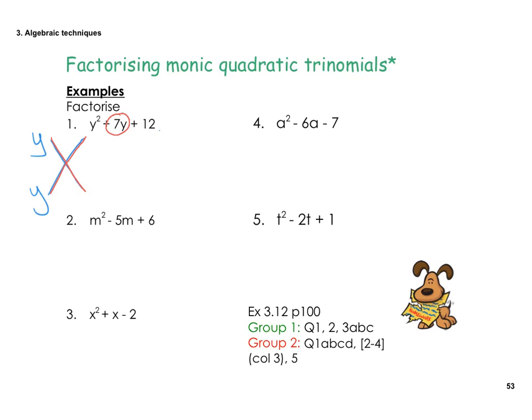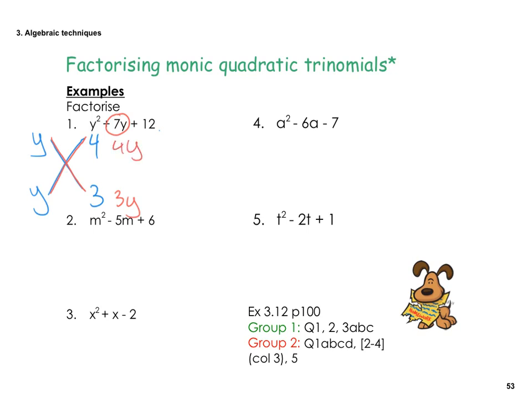So I'll explain what that means now. So for example, to get 12, we can do 4 and 3. So 4 times 3 is 12, which is good. Now when we move through the cross, y times 3 is 3y. Okay, and then 4 times y is 4y.